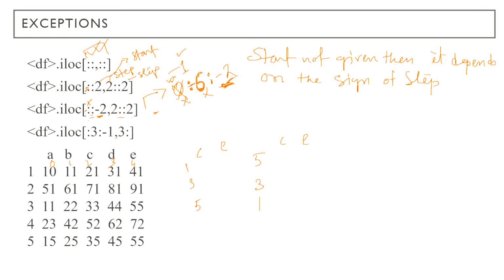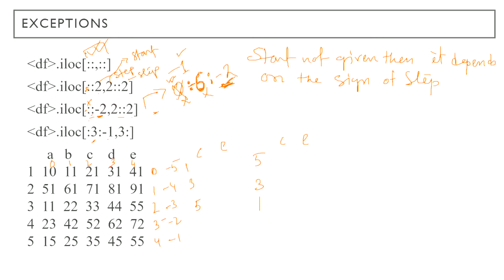In this case, you see here I have given 3. Stop value is 3. Start value is not given. It is -1. So again it will take from -1. Now here we need to remember this is 0, 1, 2, 3, 4. This is -1, -2, -3, -4, -5. We are starting from -1. We are going till 3. Where is 3?